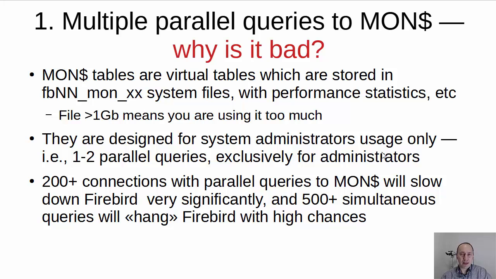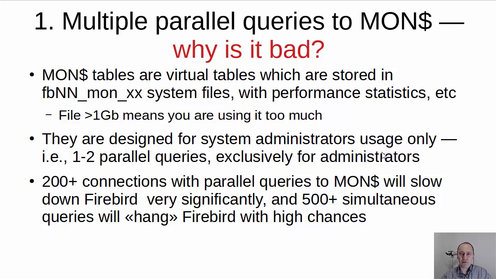But if there are parallel connections, the load on Firebird to maintain the monitoring data becomes too high, and it becomes very noticeable even on powerful servers when you have around 200 connections, and it becomes progressively slow.